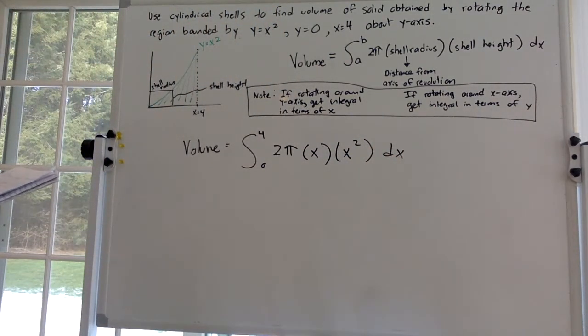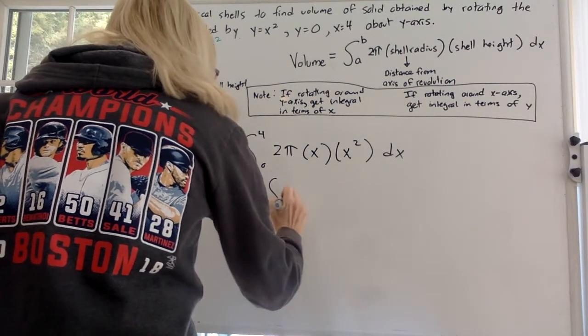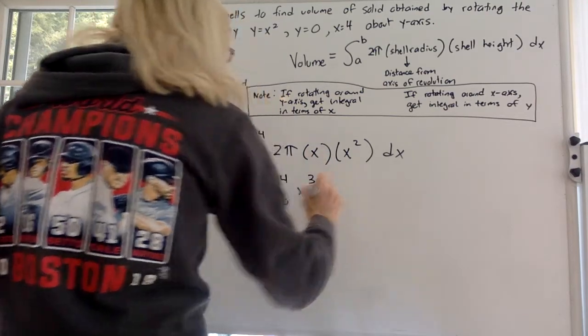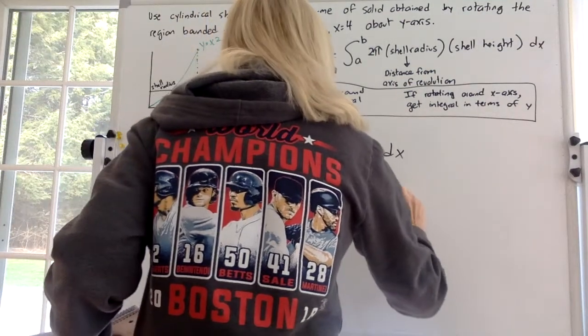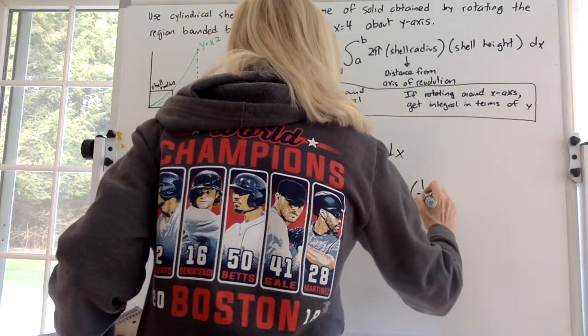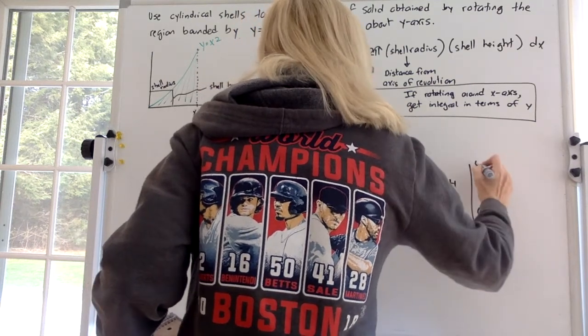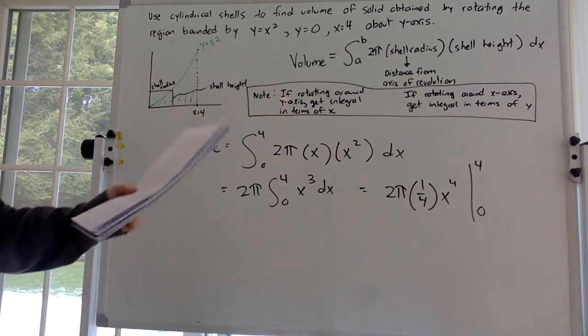Right? So let's combine this, make it a little prettier, put the 2 pi in front, 0 to 4. It's just x cubed, right? So we have to take the antiderivative of x cubed. So isn't that 1/4 x to the 4, between 0 and 4? Is that right? So let's see.